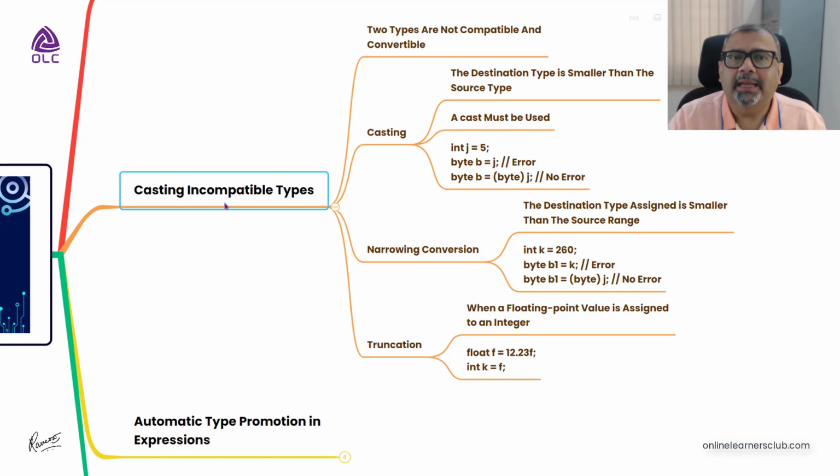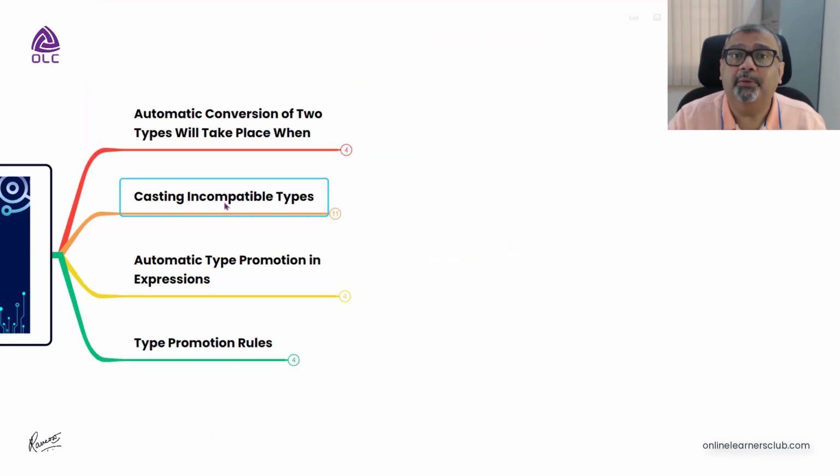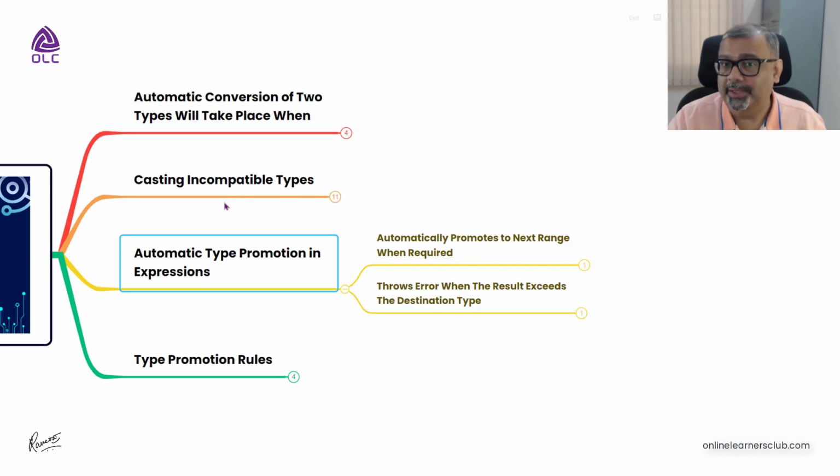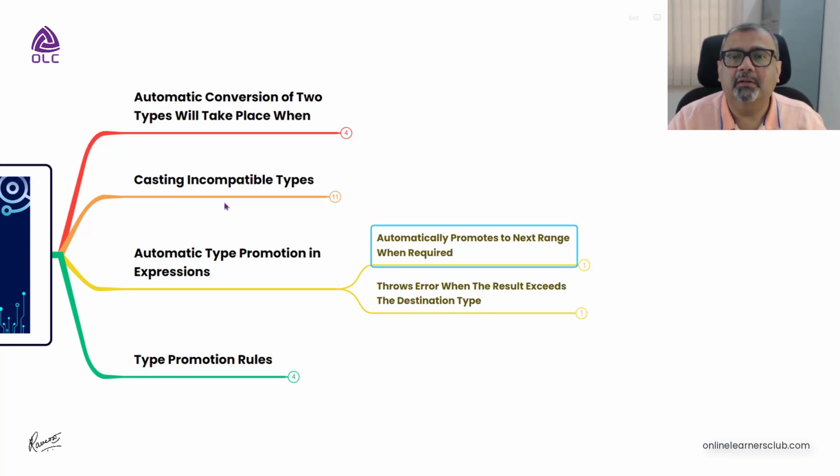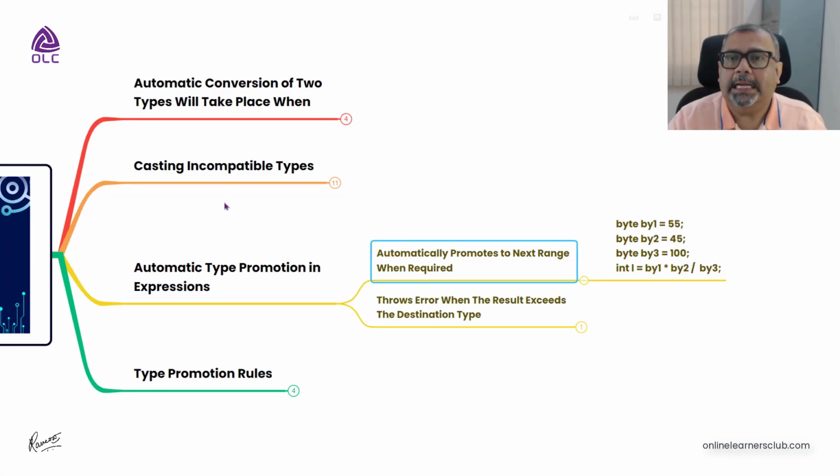So when you have these incompatible types, these are the different behaviors exposed by Java. Then we have another feature called automatic type promotion, especially in expressions. Say byte b1 is 55, byte b2 is 45, and byte b3 is 100, and you have an expression where byte 1 is multiplied by byte 2 and divided by byte 3.